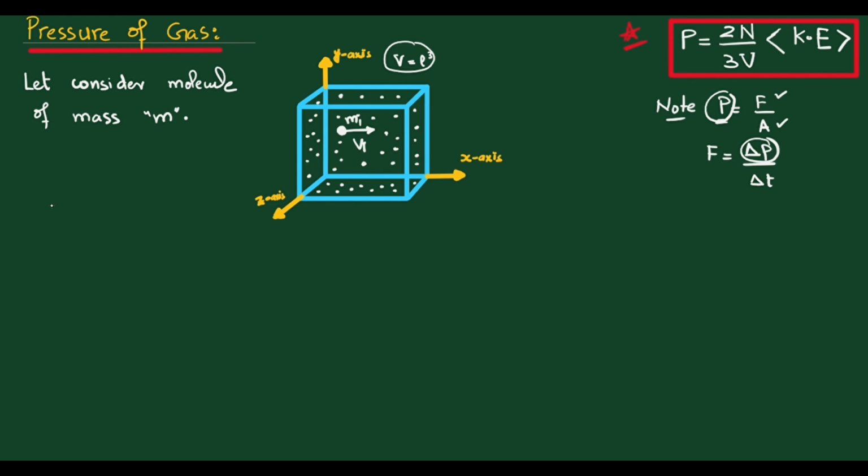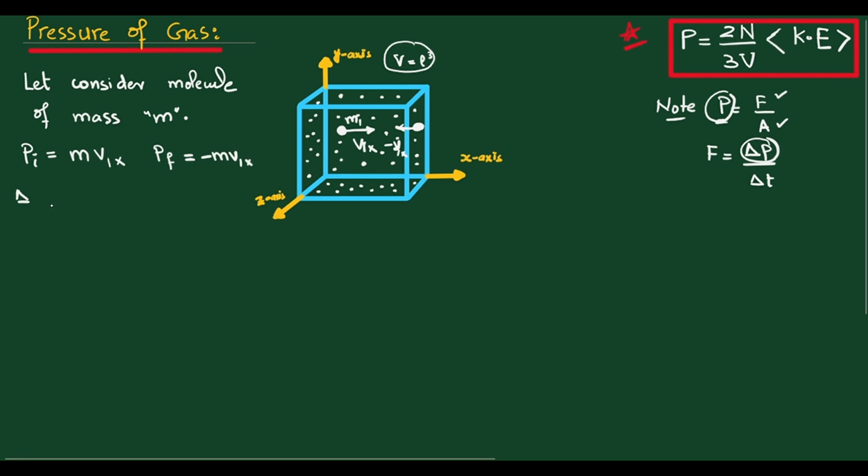We consider the mass m of a molecule which is moving only in the x direction. Its velocity is v1x, where 1 means the first molecule and x means the x direction. Its initial momentum p initial is the product of mass and velocity, m v1x. It collides with the wall and bounces back with velocity minus v1x, so the final momentum becomes minus m v1x.